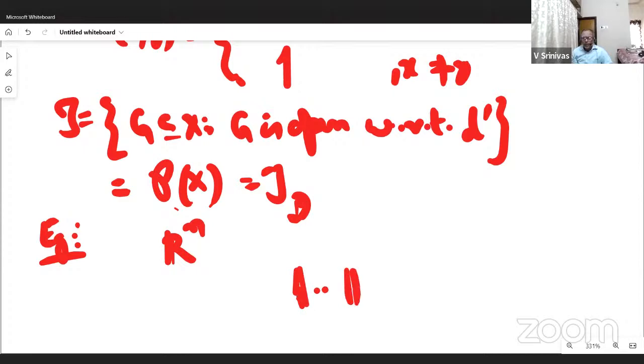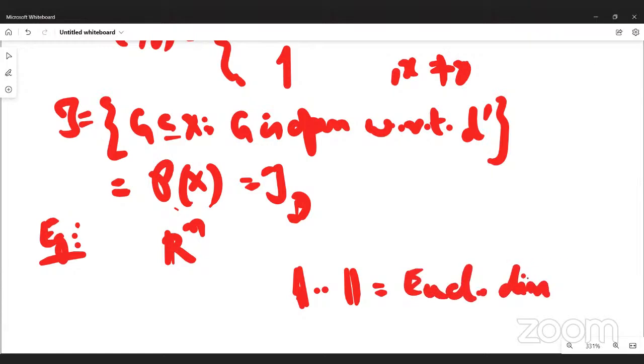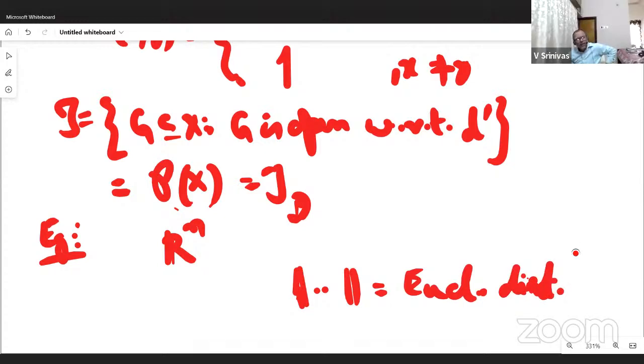This metric generates a topology, and that topology is called the usual topology on Rn.